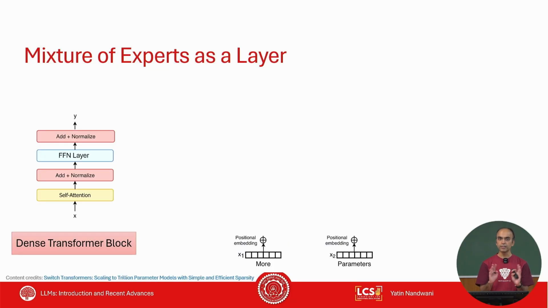We motivated this by saying that we want to increase the model size. So we replaced one feed forward layer with 8 feed forward layers, and intuitively the gain is that we are increasing the capacity. It may happen that the model automatically learns that expert 1 is for coding, expert 2 is for machine translation, expert 3 is for summarization, and so on.